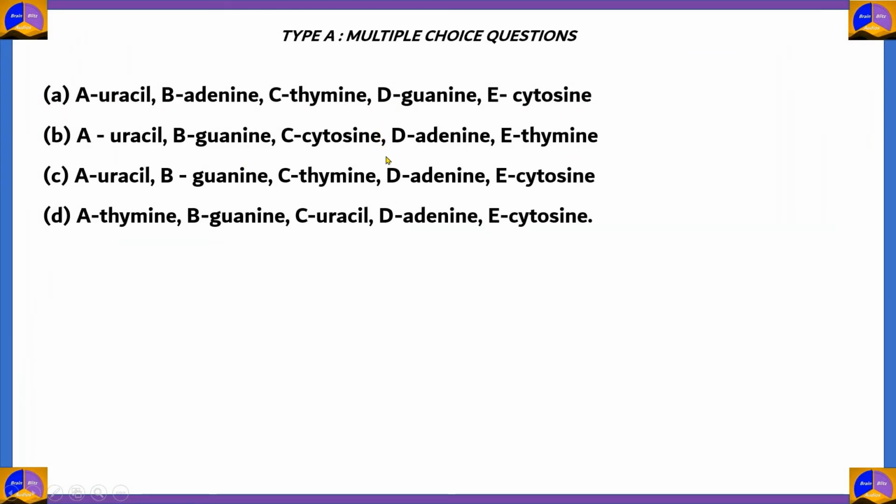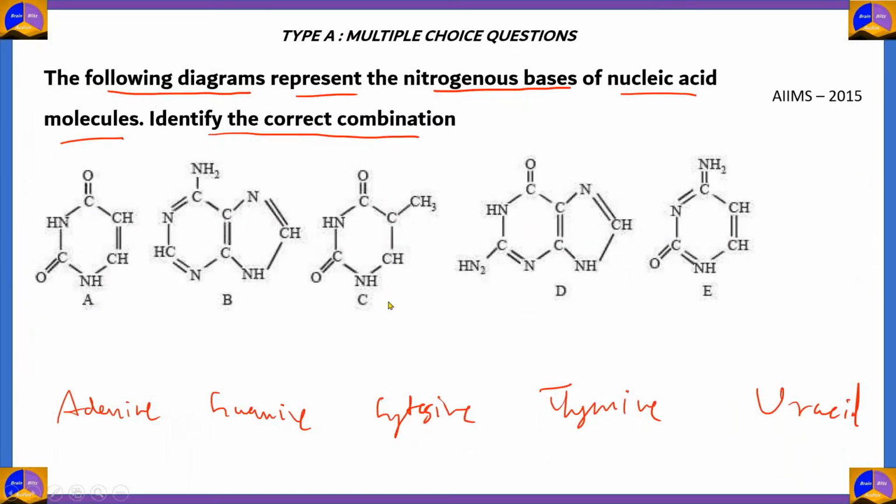We need to find out which of these combinations is correct. So when it comes to nitrogenous bases, there are a couple of things that you need to know. Nitrogenous bases are divided into purines and pyrimidines. Purines have 2 rings in their structure.